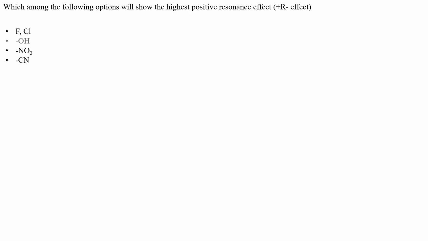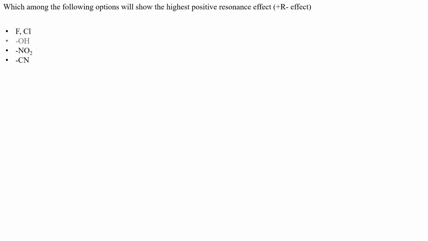Now, first of all, the resonance effect or the mesomeric effect can occur of two types, that is positive and negative. In positive resonance effect, any species which has more electrons, or which is a nucleophile, can donate a few of its electrons to the main species.